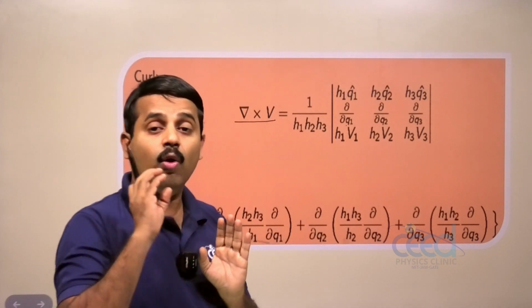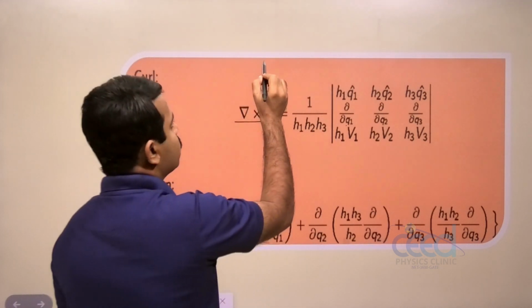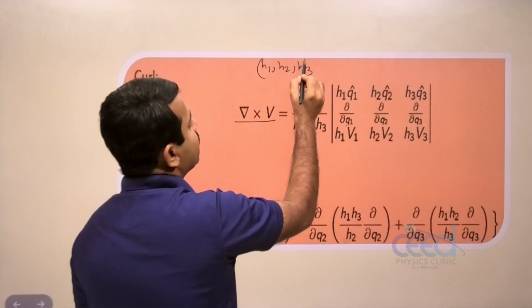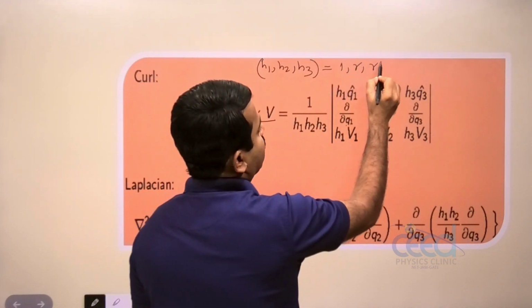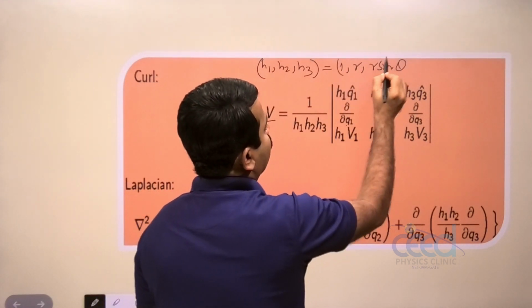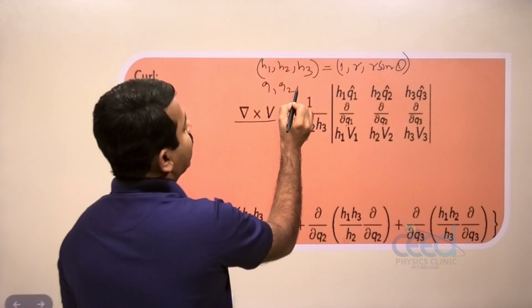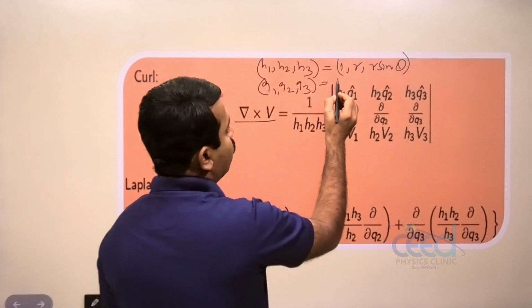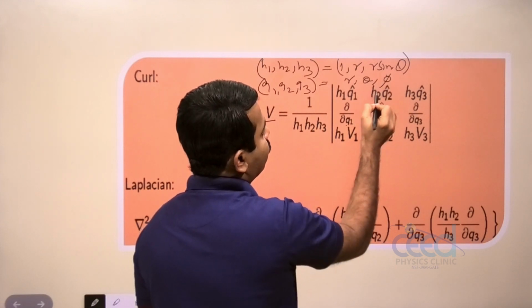Now what is the del cross, curl, of a function in spherical polar coordinates? Then first you understood H1, H2, H3, that is equal to what? 1, R, R sin theta. Alright? Then what is Q1, Q2, Q3? Coordinates in spherical polar coordinate system are R, theta, then phi.